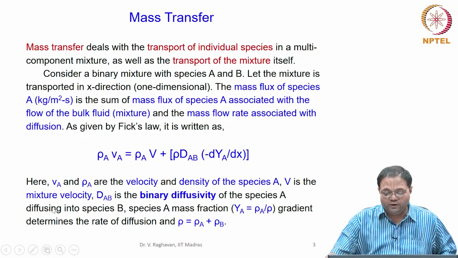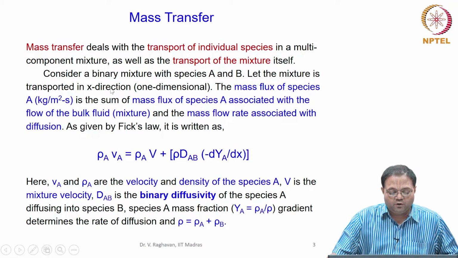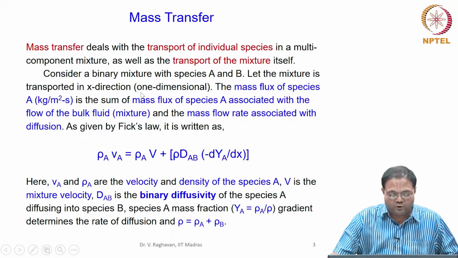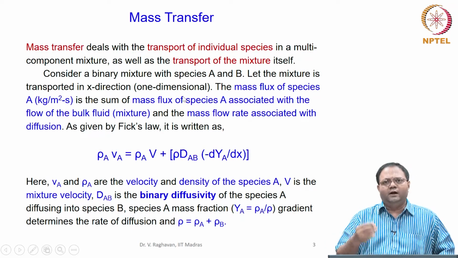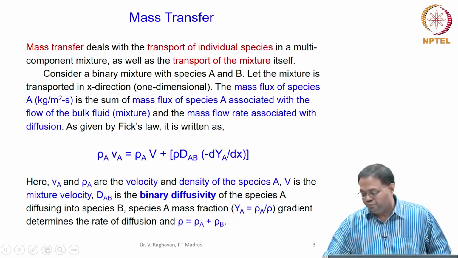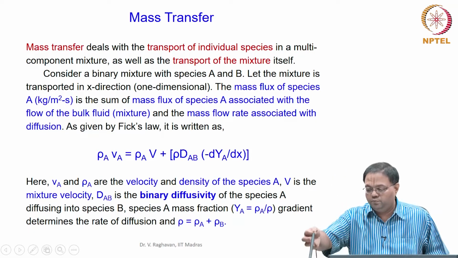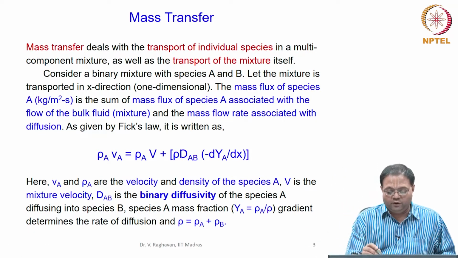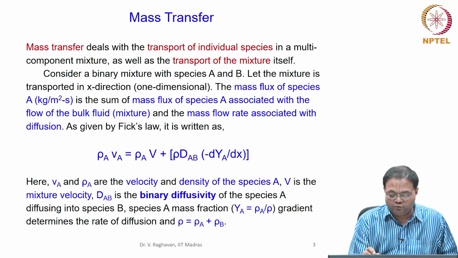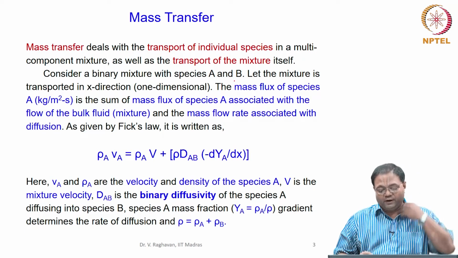Let us also simplify the problem further by taking the transport in only one direction, the x direction, so one dimensional. Later we can expand it to several other things. Take a mixture where species A and B are present, in the x direction.